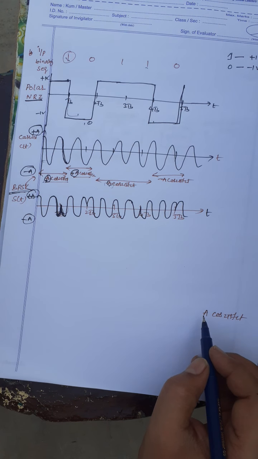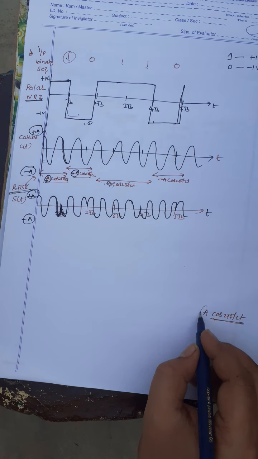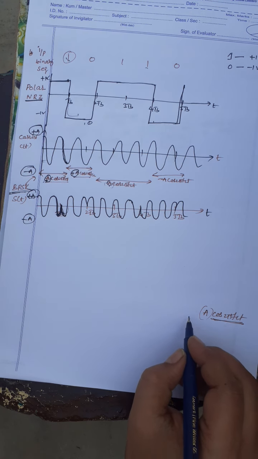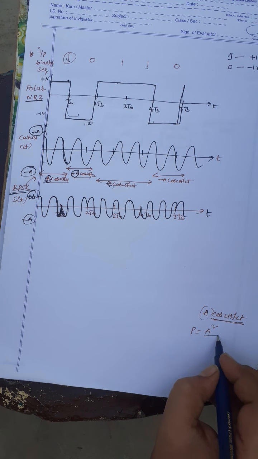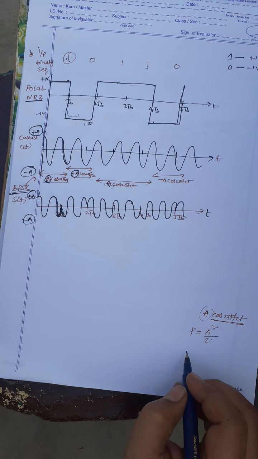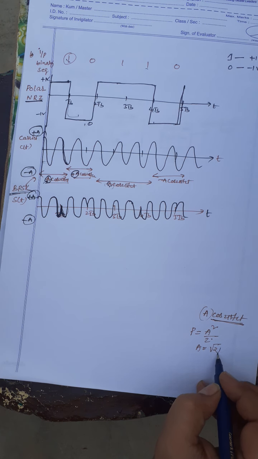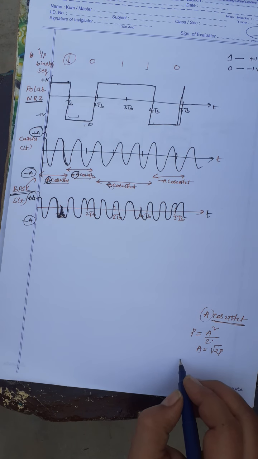Power means this is an AC signal, and the AC signal power is Vrms square by R. So the power of the carrier signal is A square by 2R. If we put R equal to 1, P is equal to A square by 2. So A can be written as under root 2P, right?